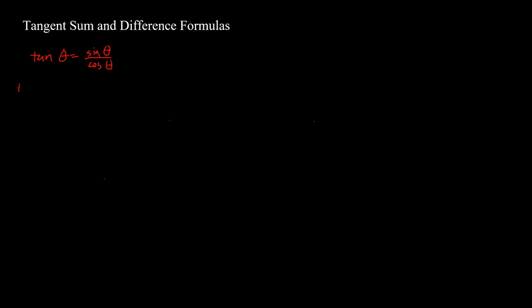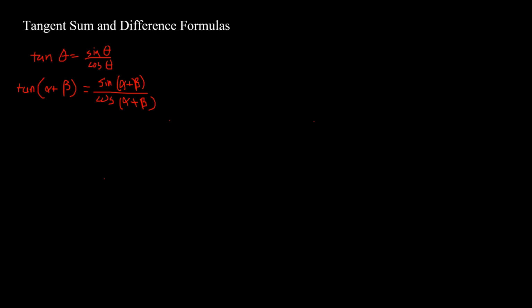So if we replace theta with alpha plus beta instead, we will get that tangent of alpha plus beta is going to be equal to sine of alpha plus beta over cosine of alpha plus beta. And again, we know this is true because we can just plug in alpha plus beta into theta over here.